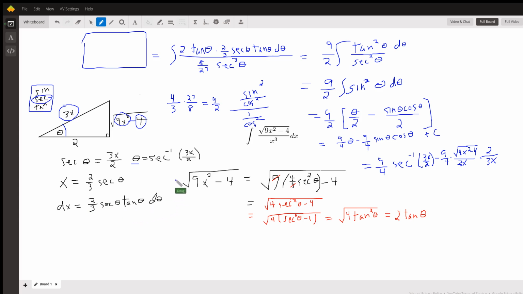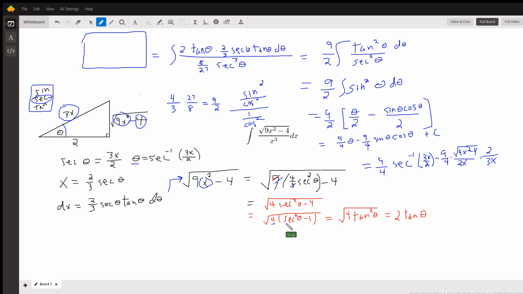And also, this is the primary reason we use trig substitution. For this x, we're going to substitute 2/3 secant theta. So when we square that, we get 4/9 secant squared theta. These 9's cancel out. And we can factor 4 from both terms now under the radical.